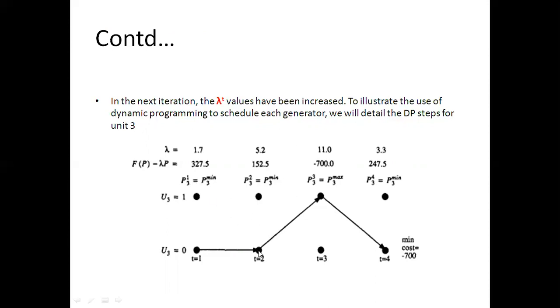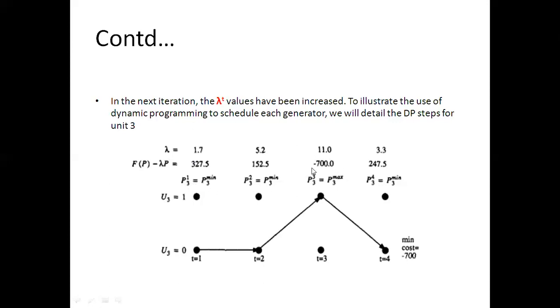At t equal to 3, the value is negative, that is minus 700, so P3 at hour 3 takes its maximum value. And when again it is plus 247.5, P3 at hour 4 is at its minimum value, depending upon the values of Fp minus lambda p. When they are positive, plus 327.5 and plus 152.5, the value of P3 is at P3 minimum.